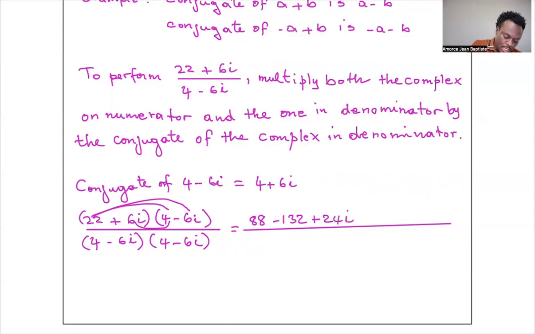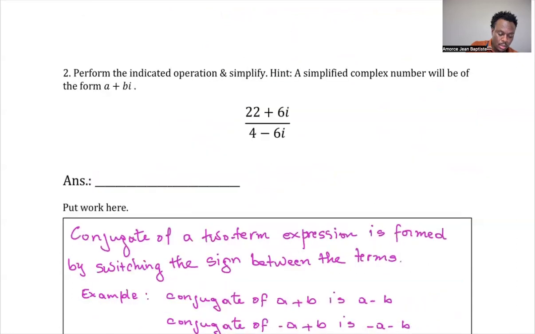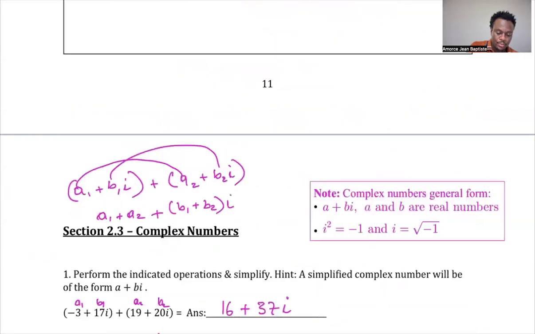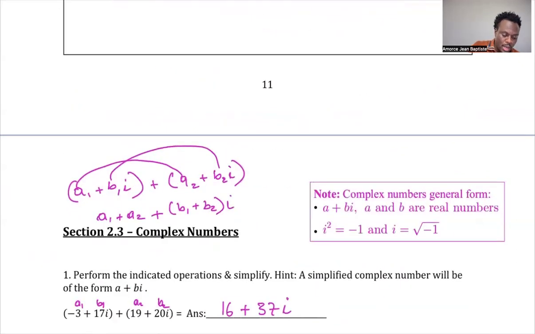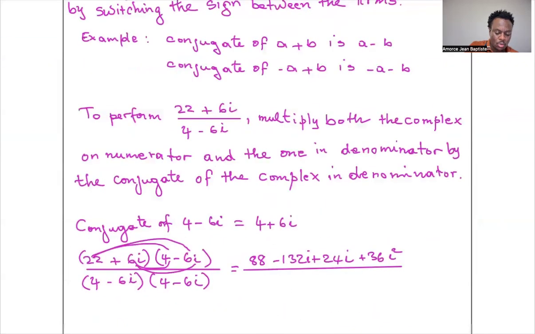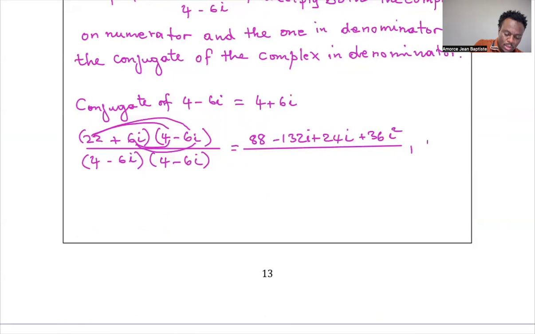Well, that's negative 132i. And then last, we got plus 36i squared. And we will not forget the property we talked about earlier, that i squared equals negative 1. Whenever you have i squared, remember that is negative 1.